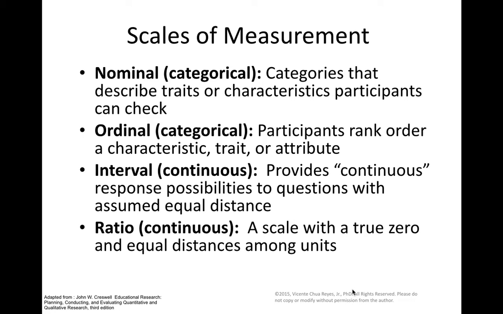The other scales will be continuous variables, and the first one will be interval continuous measurement. It provides continuous response possibilities to questions with assumed equal distances. We can safely assume that the distances between the choices given by the respondents are equal, right? So you see some degree of overlap in ordinal and interval, but the good researcher is able to clearly define what the interval variable is in order to avoid confusion.